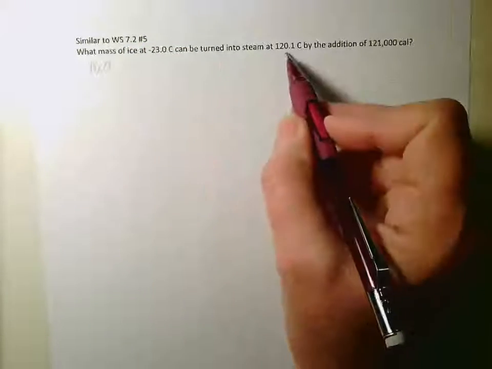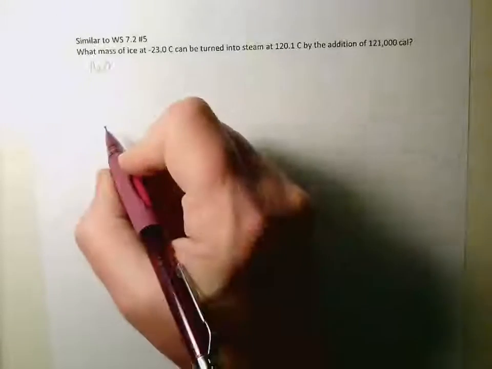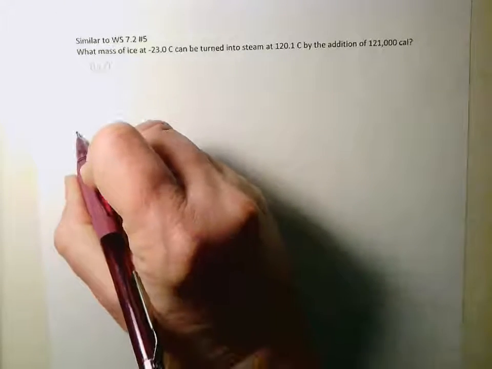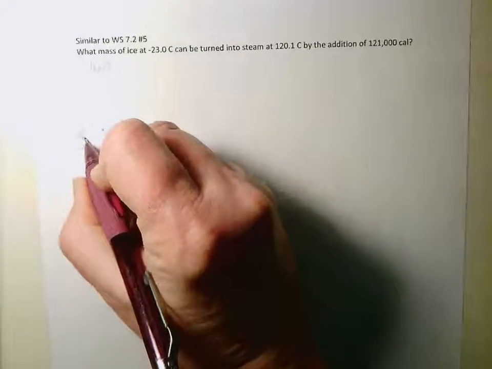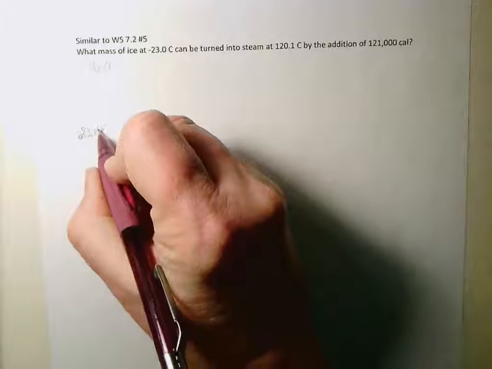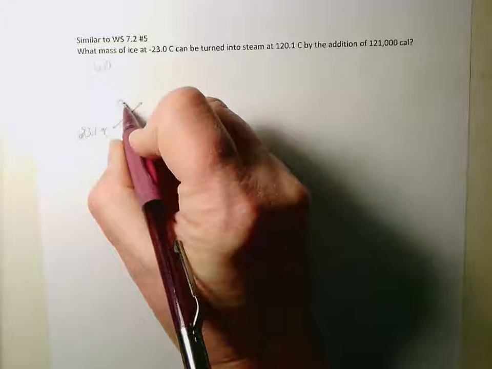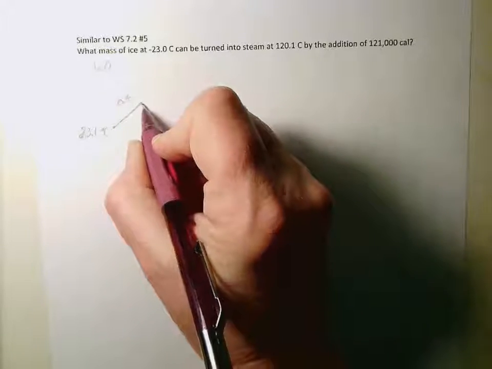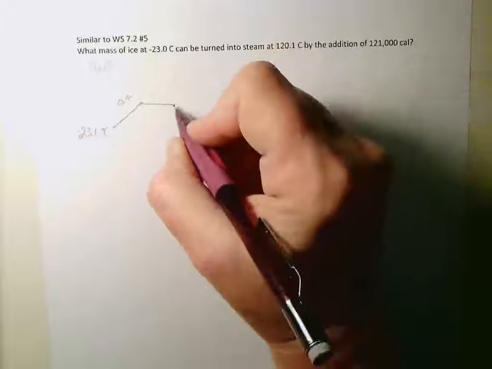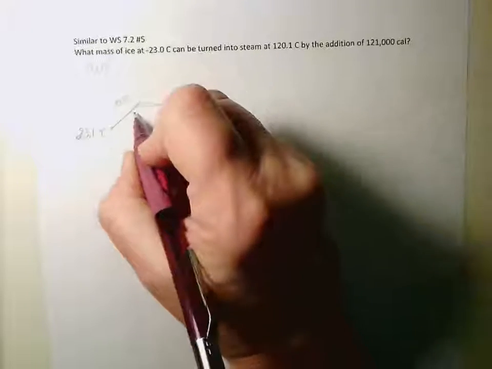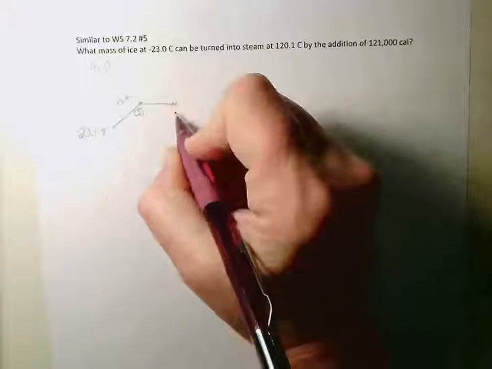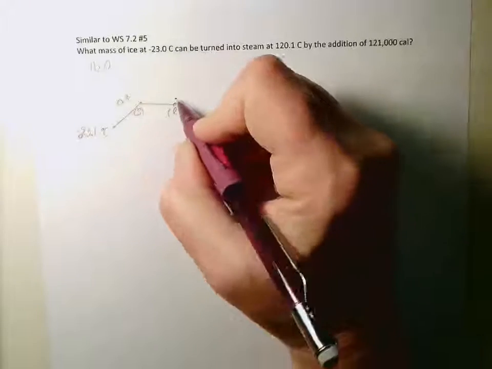It is going to go from a negative number past the boiling point. So I'm going to start here at negative 23.1 degrees Celsius, and I'm going to take it up to 0 degrees Celsius, and here I have a change of state. And now I'm still at 0 Celsius, but going from the solid to the liquid, so this is a phase change.